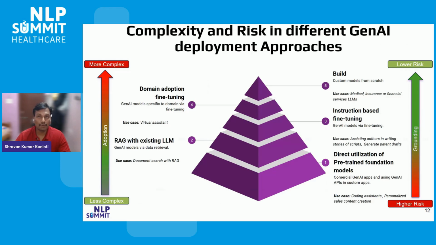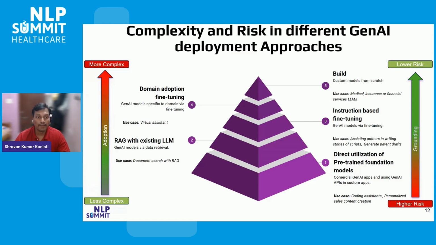Now let's look at the complexity and the risk involved in deploying a generative AI solution. Right? I have two parameters here in terms of adoption and grounding. And in terms of adoption, the less complexity comes from the bottom, right? When you have your own pre-trained foundation model, there is less complexity involved because it's already trained.